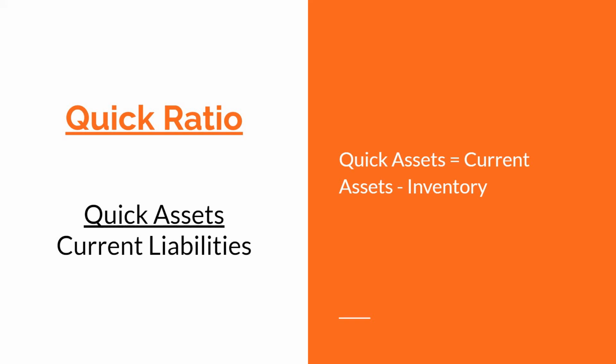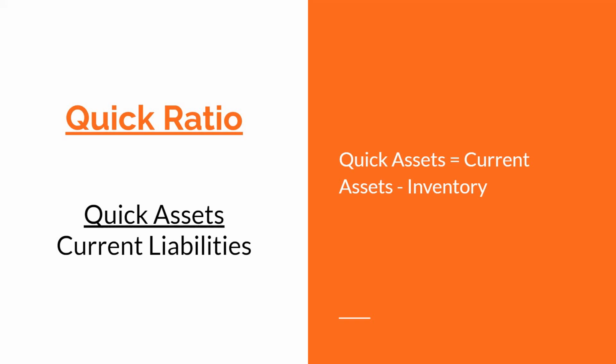So in the previous example we had current assets of 10,000, and now let's suppose inventory is rupees 5,000. So your quick assets would be only 5,000, because 10,000 minus 5,000 is 5,000, and your current liabilities were already 5,000.